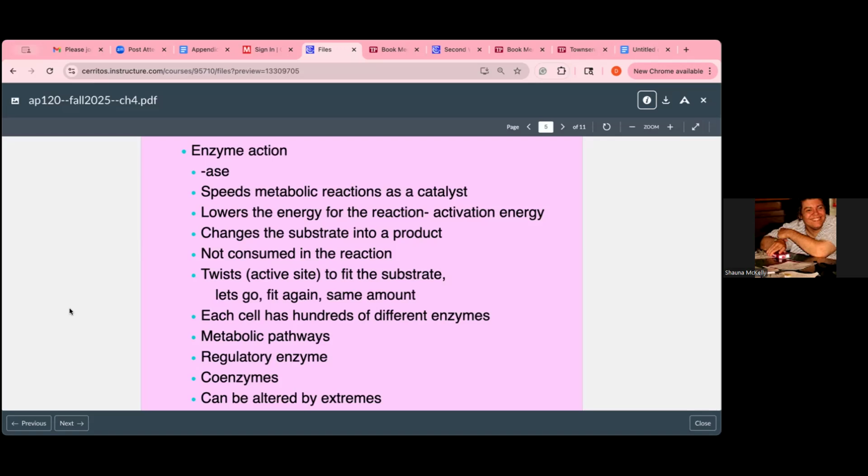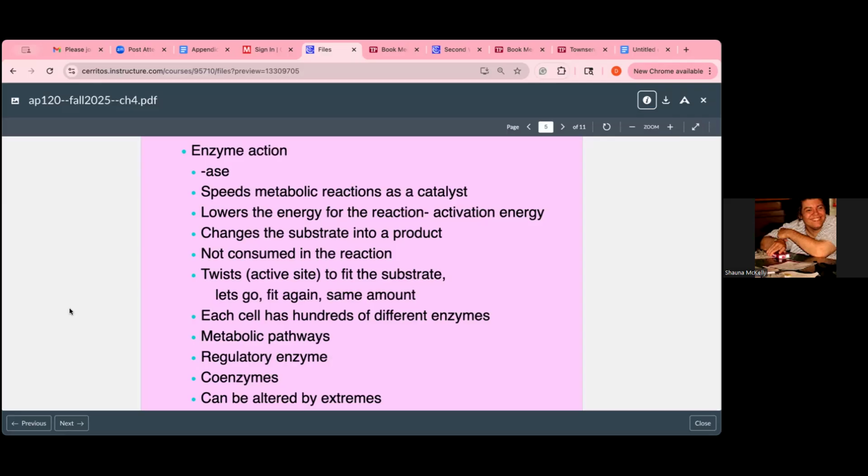Because otherwise, most reactions would never occur because you wouldn't have enough energy to start them. So it changes the substrate. Substrates are the things that we put in.